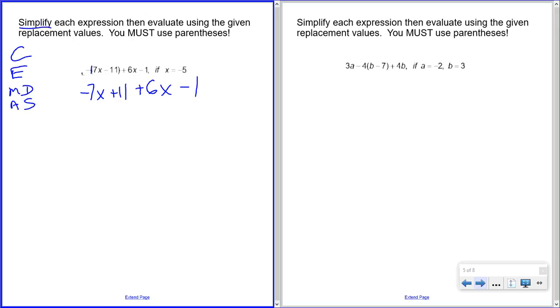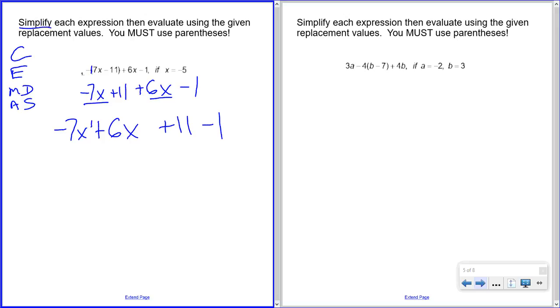Before I substitute that x, I'm going to continue simplifying, which means I'm going to combine like terms. Like terms are terms that have the same variable. So I have 6x, I have -7x. I'm going to write those next to each other just to help me out. These are like terms because they have the same variable and they have the same exponent.